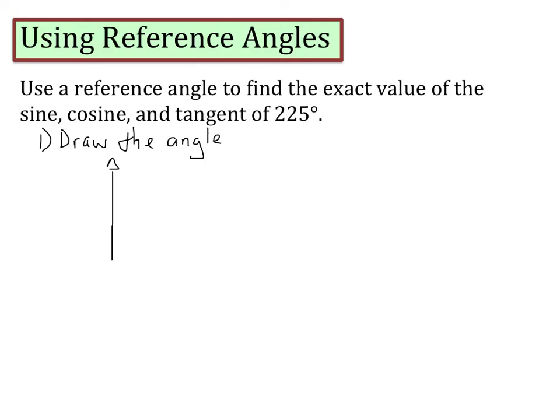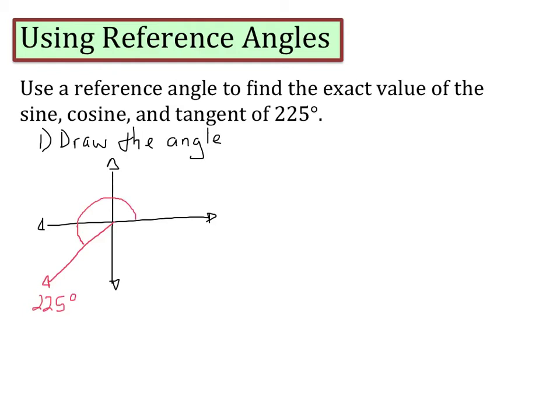So we make our XY plane, and we draw the angle 225. So 225 starts here, go to 90, 180, and we go 45 more degrees here, and now we're at 225.